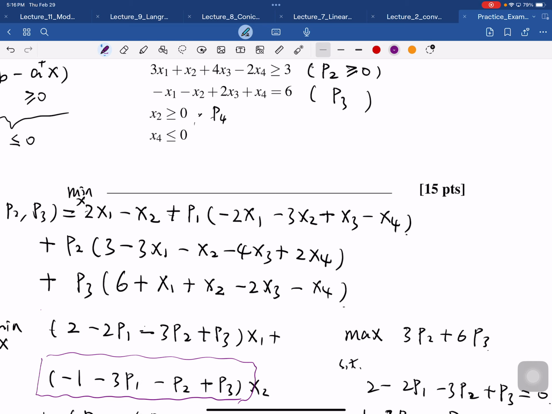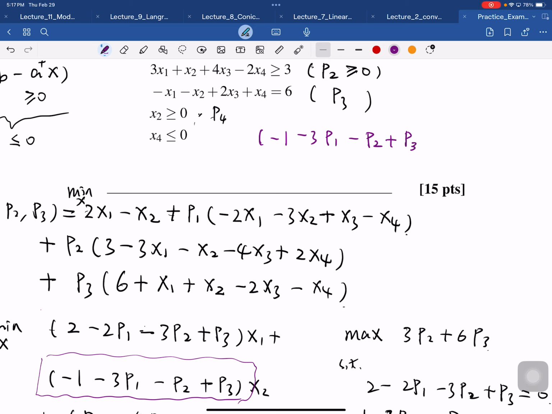But if you dualize x2 greater than or equal to 0 by multiplying it by P4, what's going to happen is that this constraint will add one more term here. So it will become -1 minus 3P1 minus P2 plus P3.